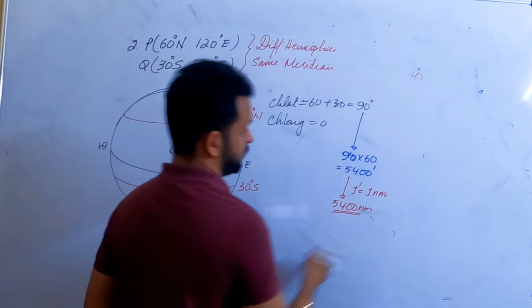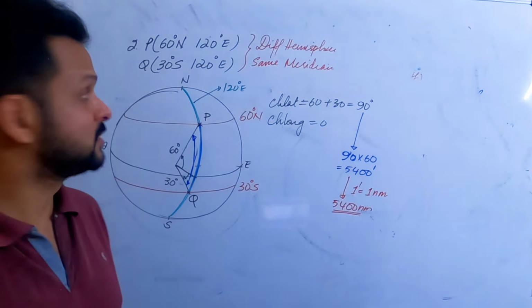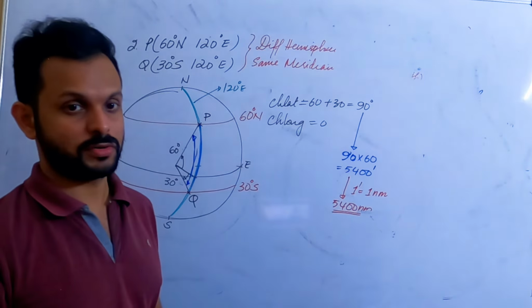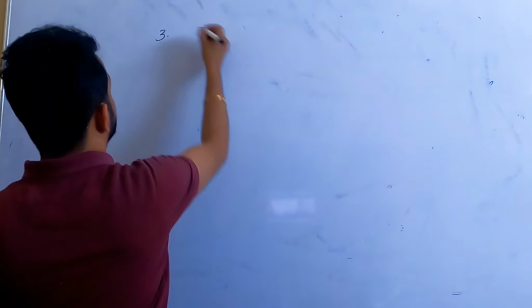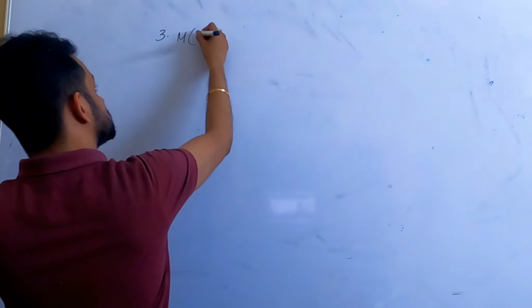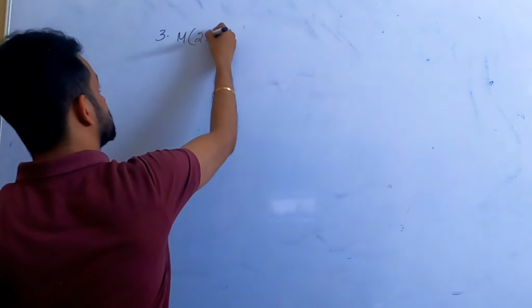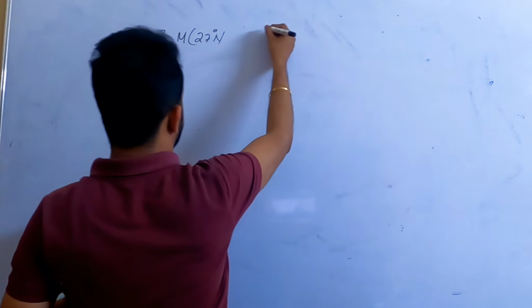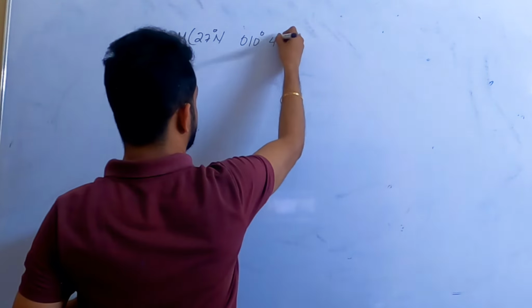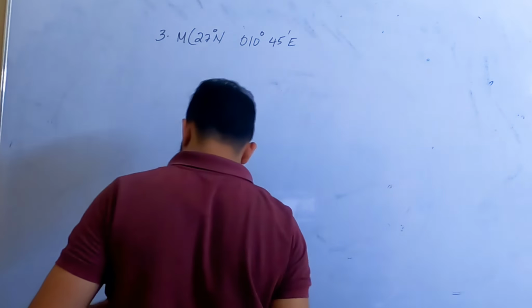So we know that we are traveling on a great circle, which is the 120 degrees east meridian, and therefore I can do this conversion. Now let's look at point M, which is 27 degrees north and 10 degrees 45 minutes east.